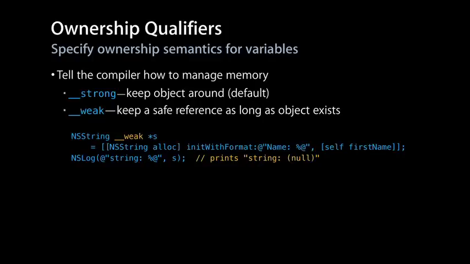So in this example, it will actually print null for the string because S was only a weak reference, so the object got released and S automatically got set to nil. There's also __unsafe_unretained, which will be a traditional unsafe pointer reference that is not automatically zeroed out. And lastly, there's __autoreleasing, which can be used when passing objects by reference.